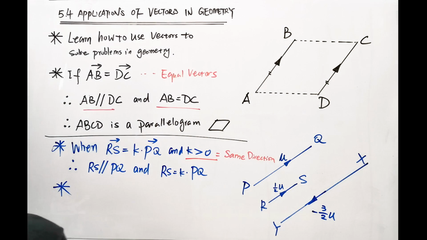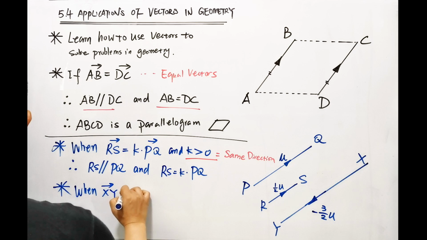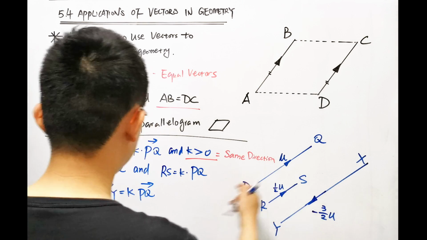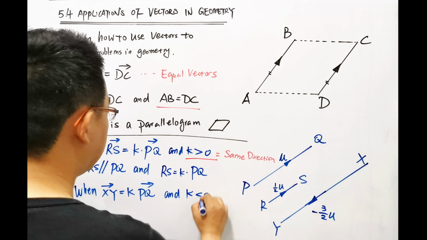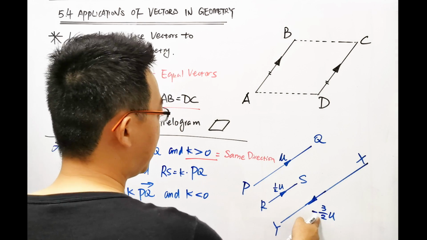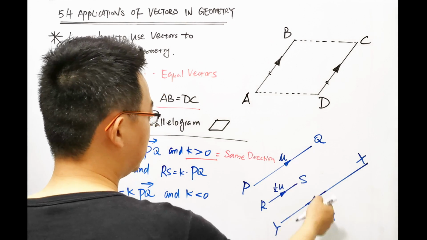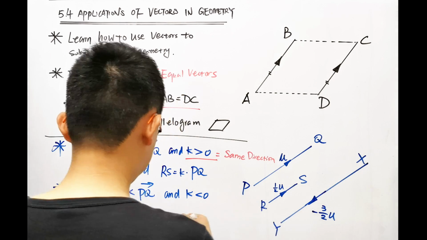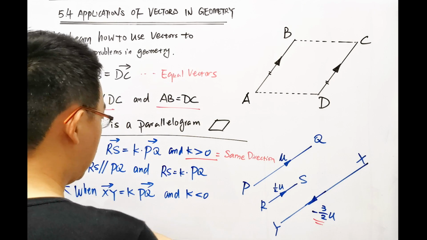In this case, XY equals k times PQ, and k is less than 0, for example minus 2/3. This is the case because they are in opposite directions compared to this one. And k is also less than 0.